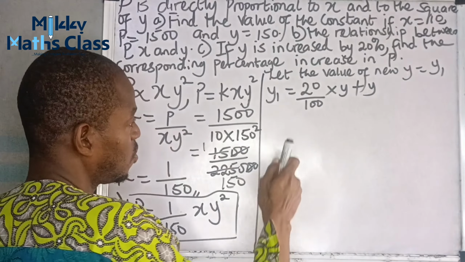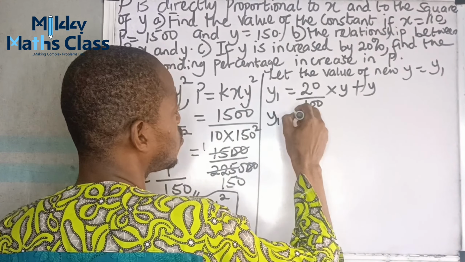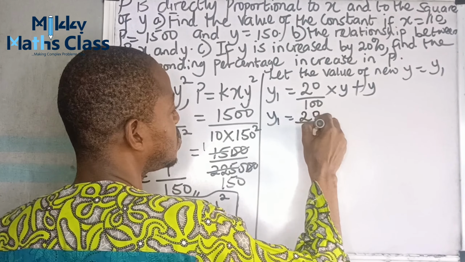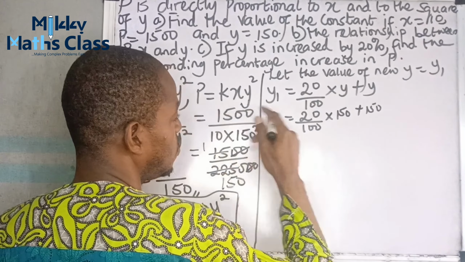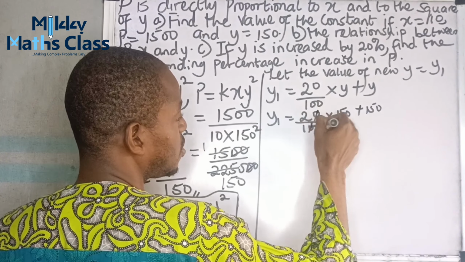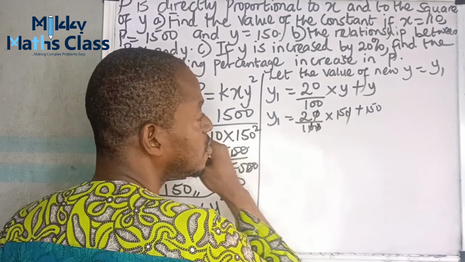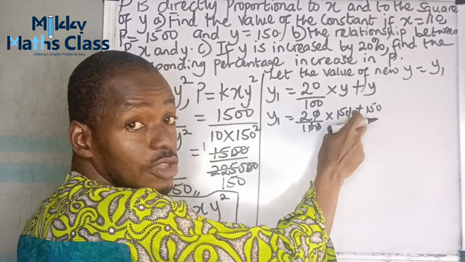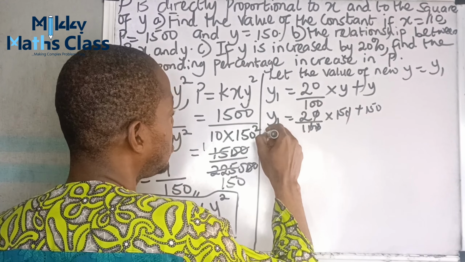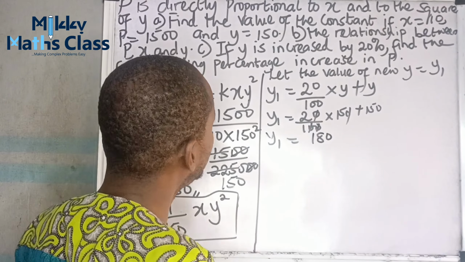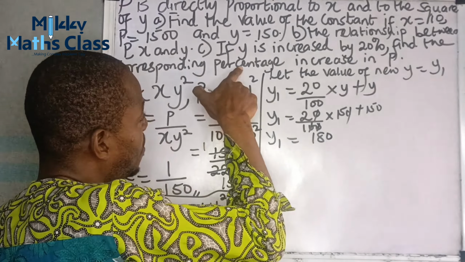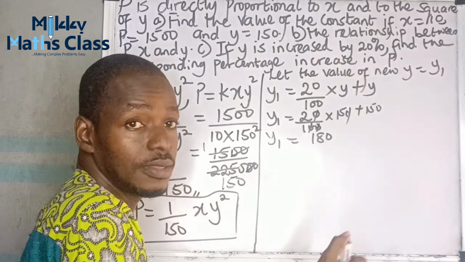So Y1 is equals to 20 over 100 times 150 plus 150. So this and this will go off. 2 times this, that's 30, plus 150, that's 180. So the value of Y1 is 180.